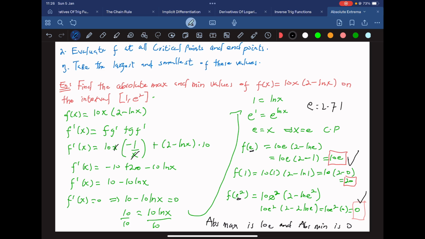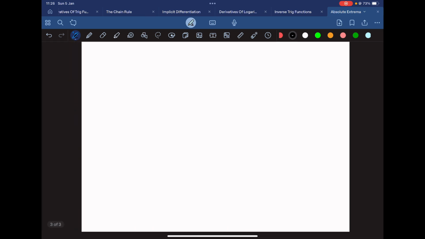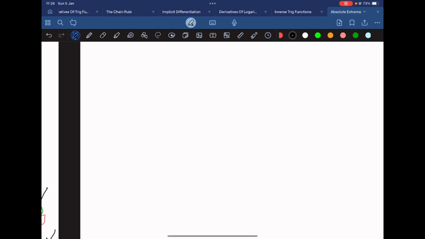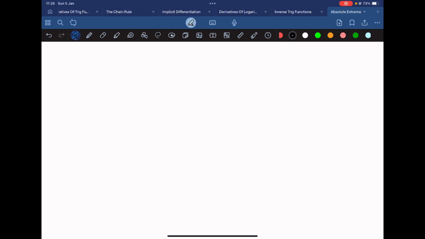Okay, let's look at a different example. So with this example, first of all, we find the critical point, and in finding the critical point, we have to find the first derivative.